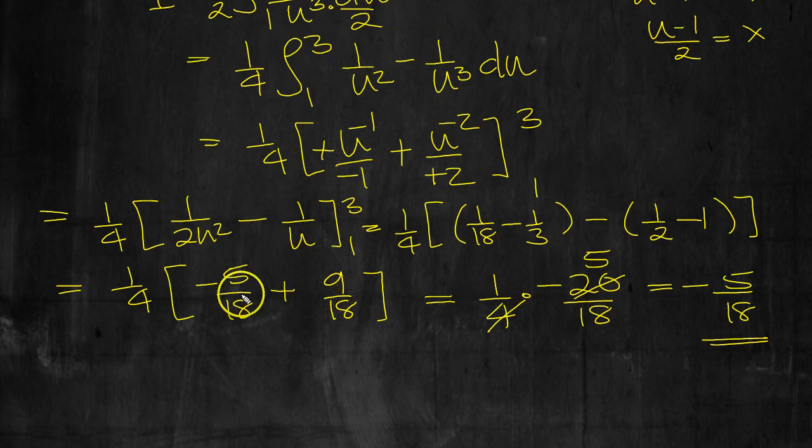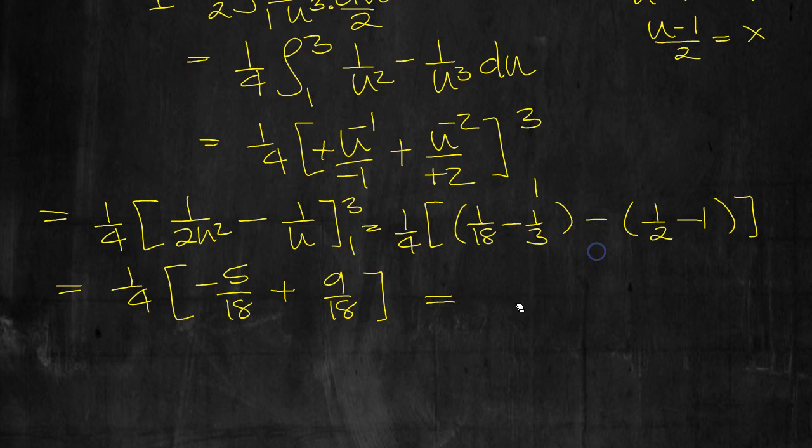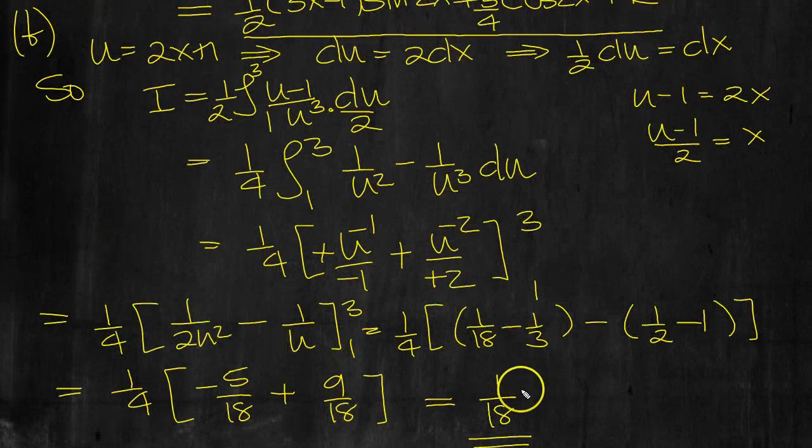So we've got 9 minus 5 is 4/18 times a quarter is 1/18. So there's the value then. It's just 1/18. 9 minus 5 is 4. 4/18 over 4 is 1/18. That's the value of the integral. So we noticed it was negative, it shouldn't be, and we spotted our mistake.